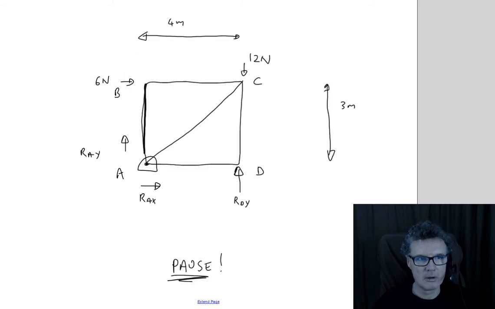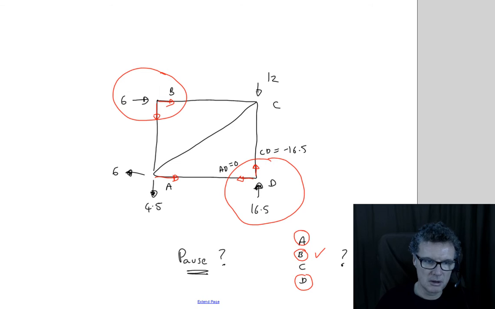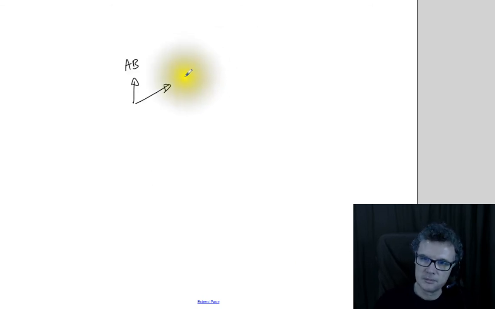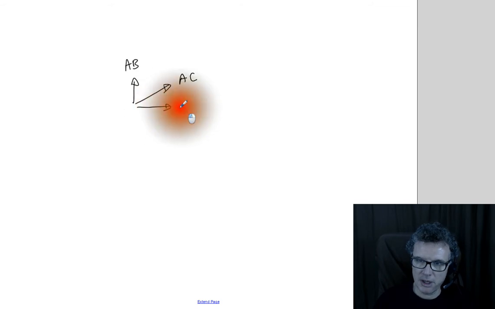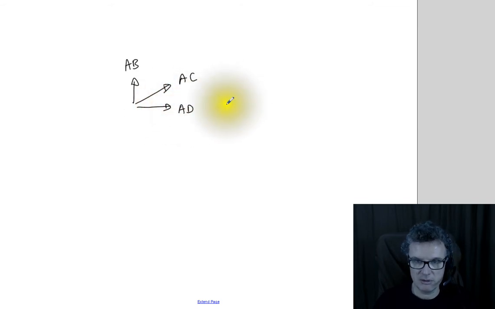Right, so we've got a force going off in this direction. That's my AB. Got a force going off in this direction. That's my AC. And then I've got a force going off in this direction, AD, which I happen to know is 0.